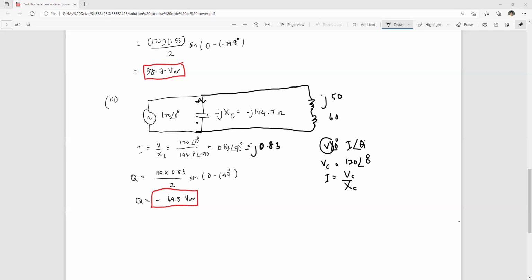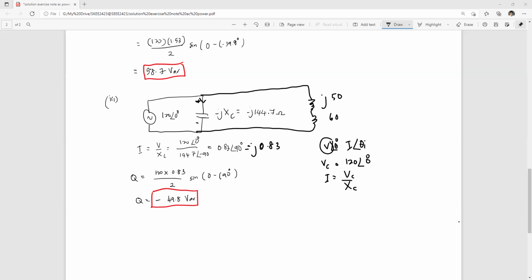Meaning that your QC must equal your QL in magnitude. Because QL is positive, you need to produce QC equal to negative 1.089 kvar.